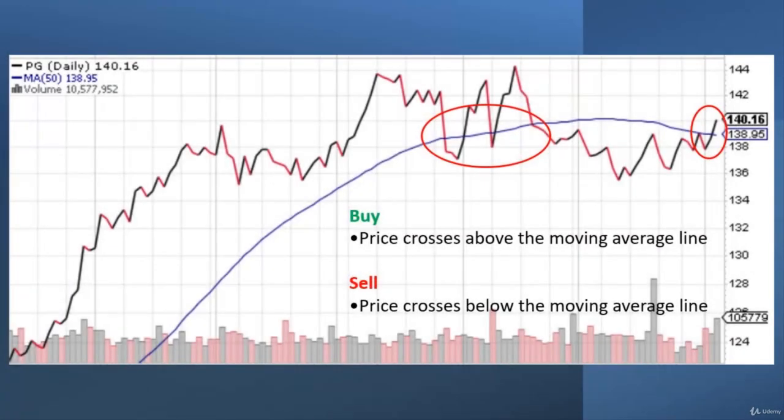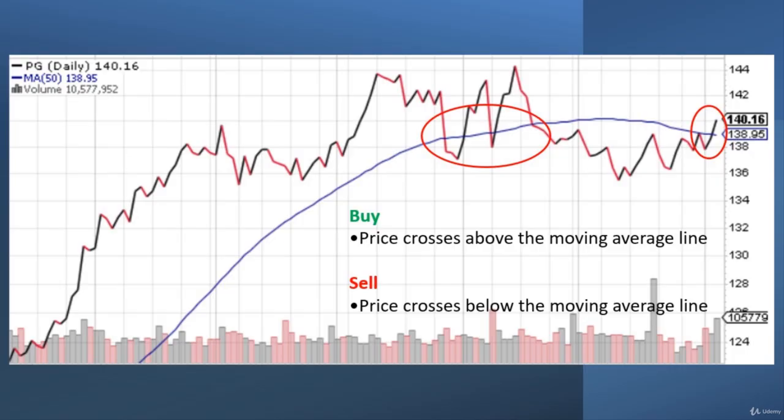If we look at the chart here, we can see the moving average, the blue line, happens to be a 50-day moving average, the one I happen to select. You can select different time frames, of course. And you can see where it crosses over the price line. What you're looking at is how the price interacts with the moving average. When it crosses above the moving average line, that shows the trend might be changing or continuing, and prices are going to continue to rise.